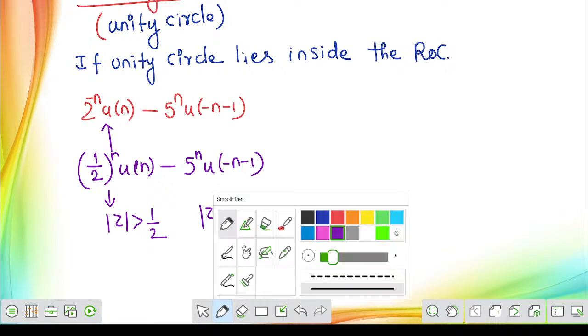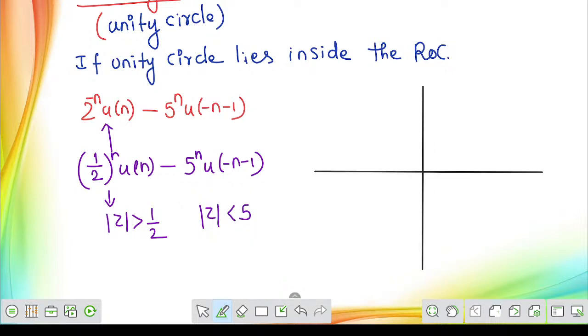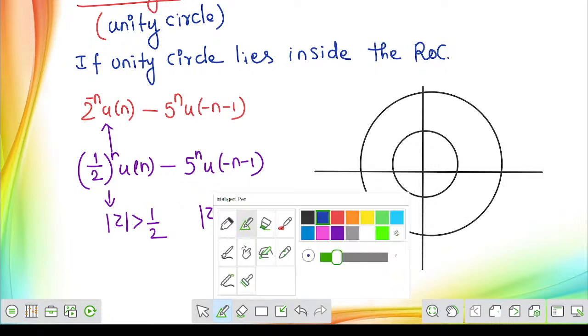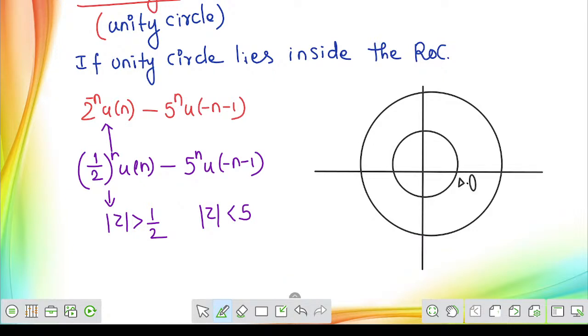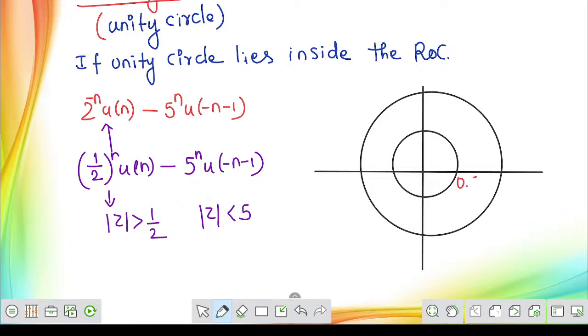Now if you are drawing the ROC for these two functions, how will you draw it? Let me draw. I will consider the first circle at 0.5 and the second circle at 5. The first one lies at 0.5, the second one lies at 5.